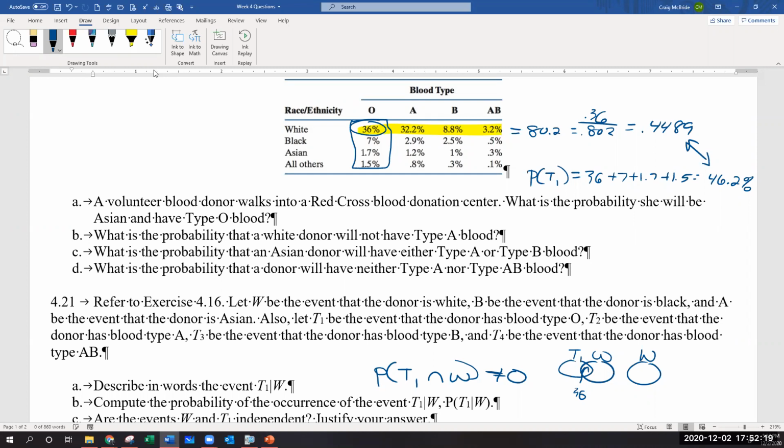So future alumni. Yeah, the population would be future alumni, or you could even say the population is just all alumni, past and present.